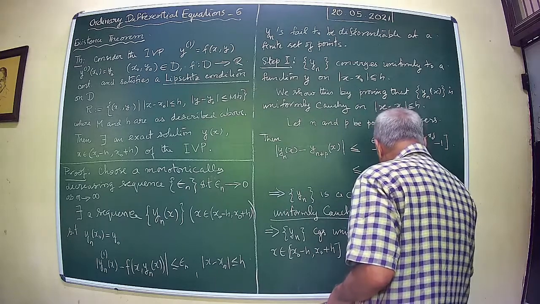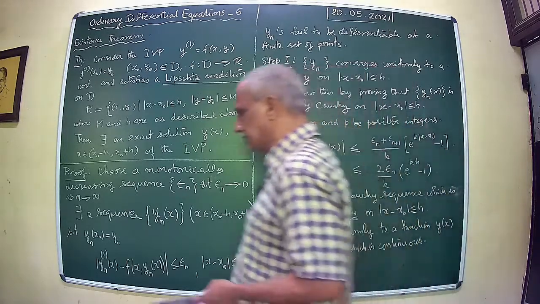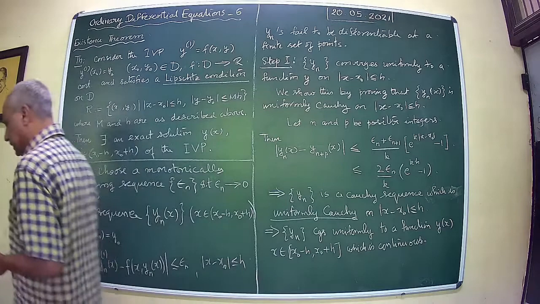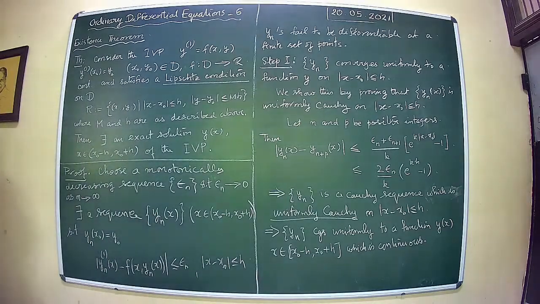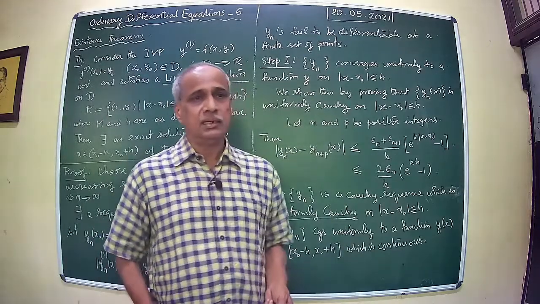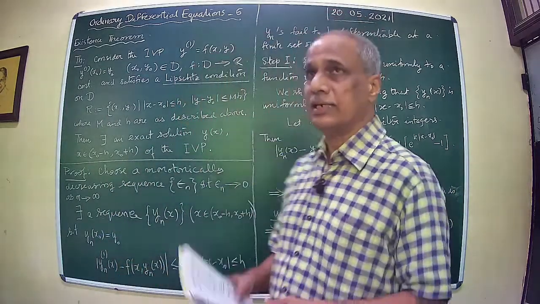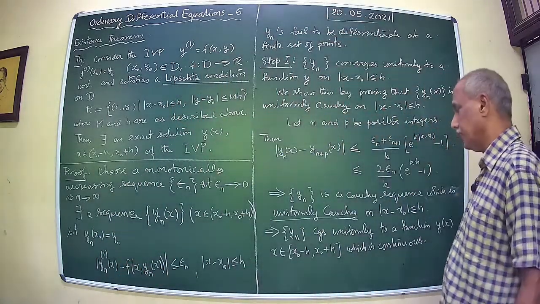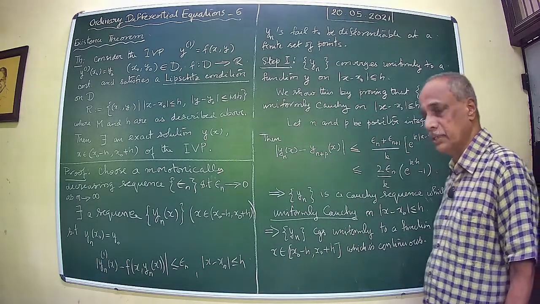So what we have proved is that y_n(x) is a sequence of continuous functions which converges uniformly on the interval |x - x_0| less than or equal to h, and therefore it converges to a continuous function.